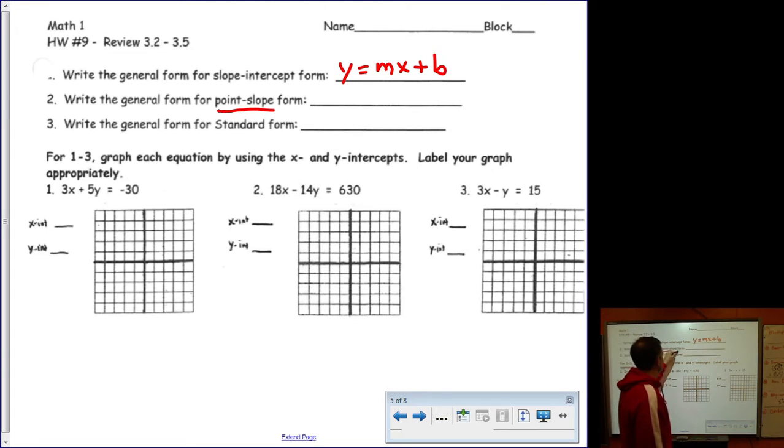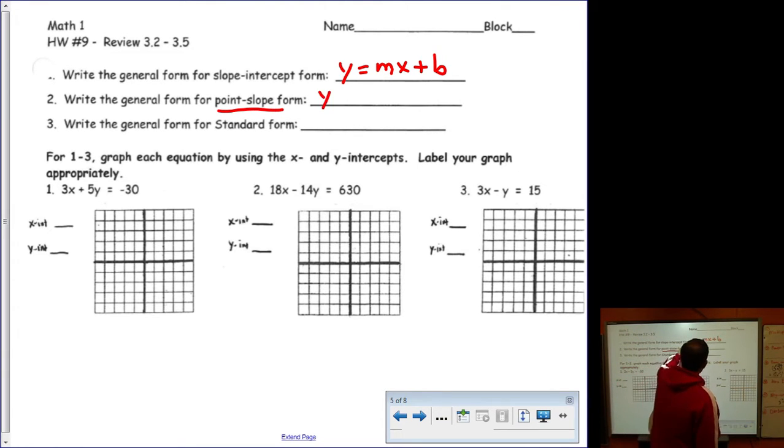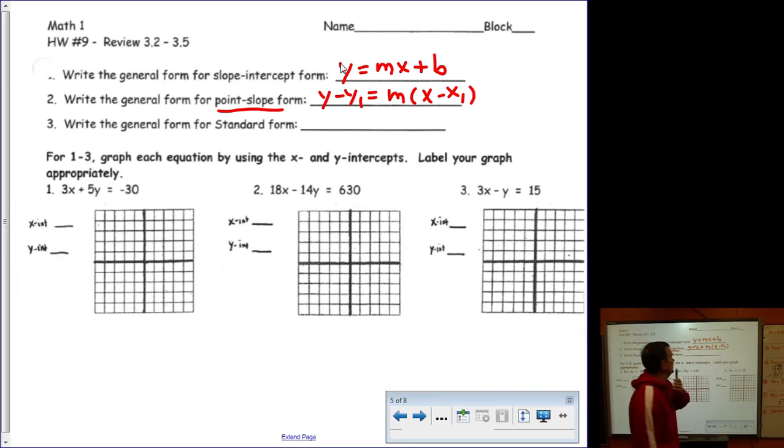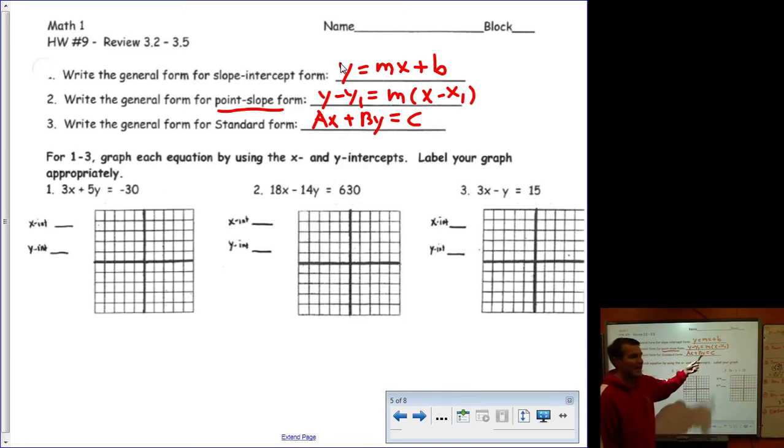Point-slope form is y minus y1 equals m times x minus x1, where m is the slope and the x1 and the y1 represent a particular point on the line. And standard form is ax plus by equals c. The a, b, and c need to all be integers, all right?